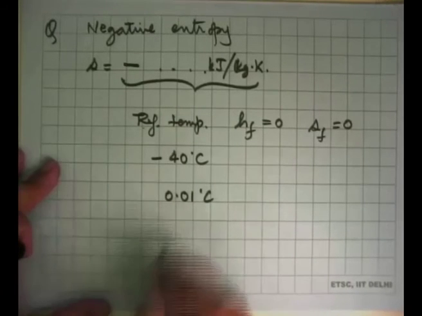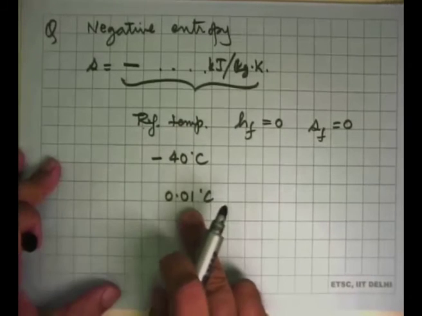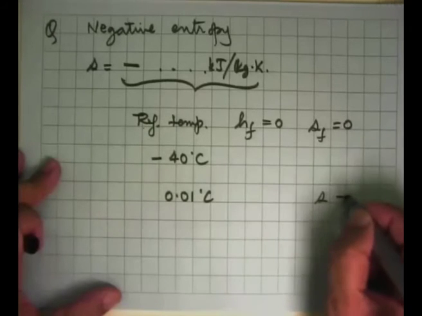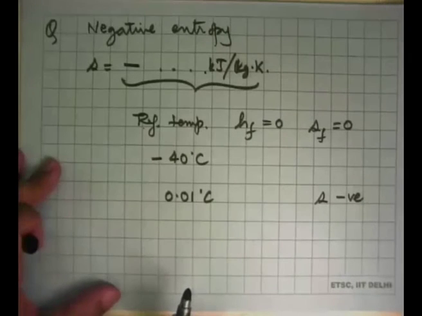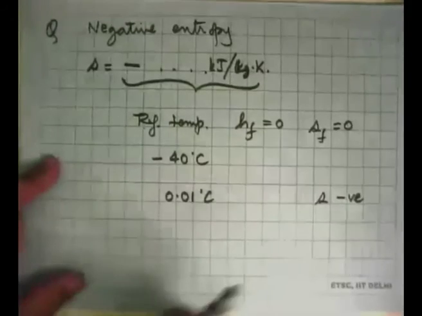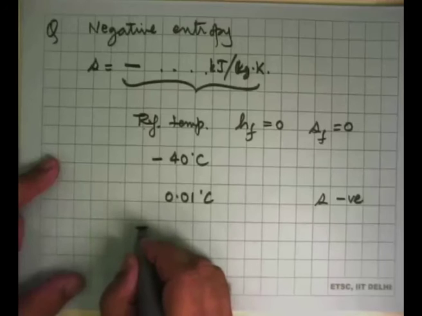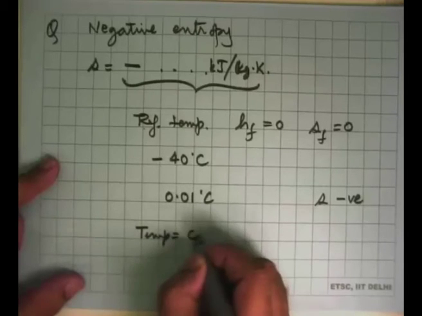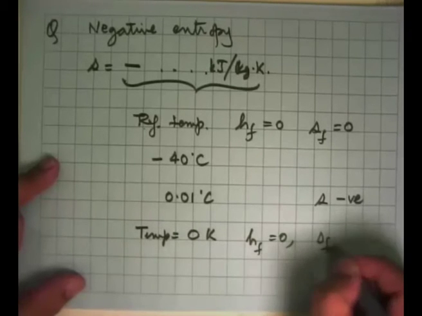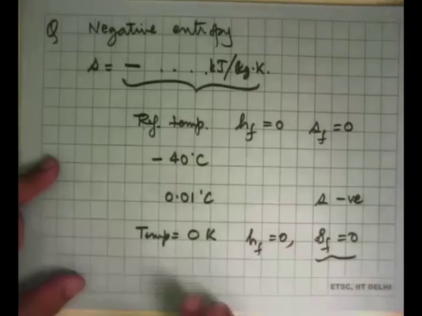So if you take hf of water at 0.01 degrees Celsius to be 0, then at temperatures less than that, h and s values will be negative, because this was taken as 0. If we decide that for all substances at temperature equal to 0 Kelvin, absolute 0, hf will be 0 and sf will be 0, then no value of sf will ever be negative. They will all be positive.